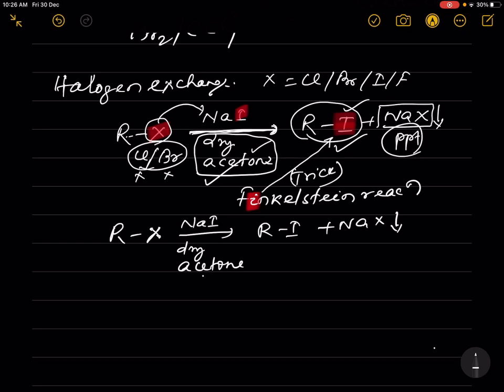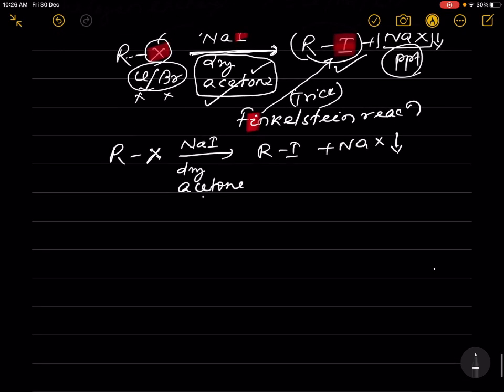Then synthesis of alkyl fluoride. Usually fluorocompounds are not prepared because fluorine is highly reactive, but here is a method to prepare alkyl fluoride.